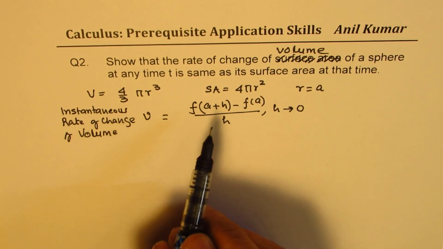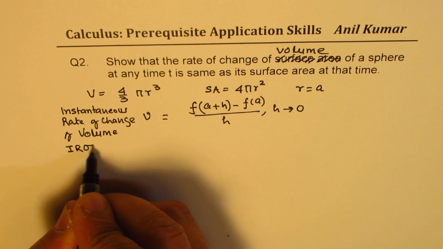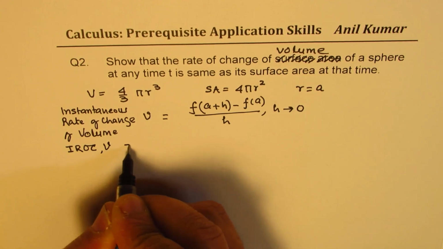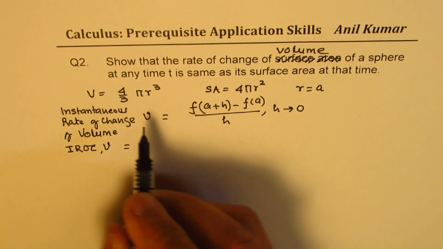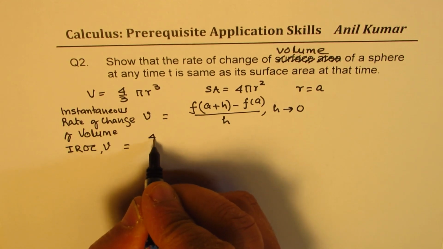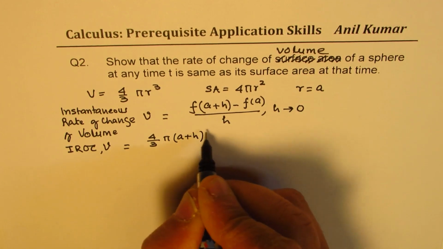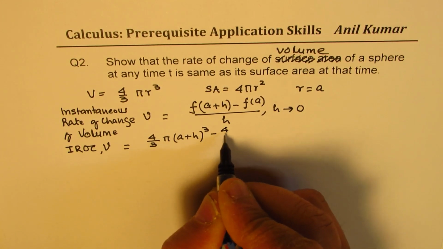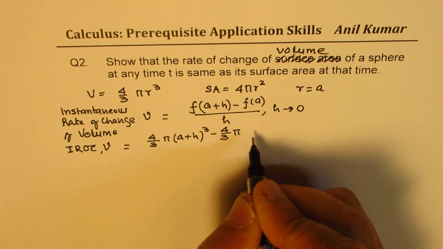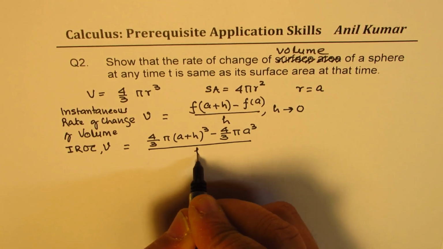Perfect. So in our case, the instantaneous rate of change of volume is equal to, in this function we could replace r with a plus h, right? So we get 4 over 3 pi a plus h whole cube minus 4 over 3 pi a cube, divided by h, correct?